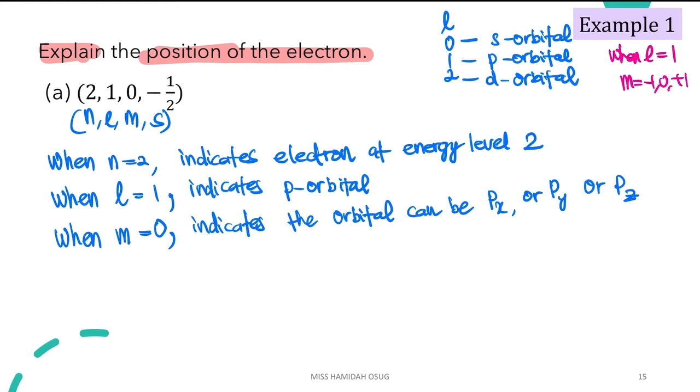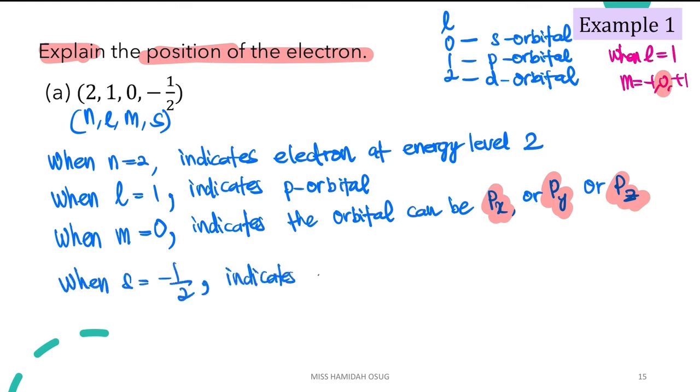So this indicates the p orbitals px, py, and pz, but we cannot determine for sure which one m equals 0 belongs to. So m equals 0 indicates the orbital can be px, py or pz. Lastly, when s equals negative half, this indicates that the electron spin is anti-clockwise.